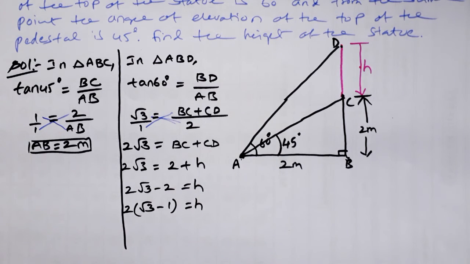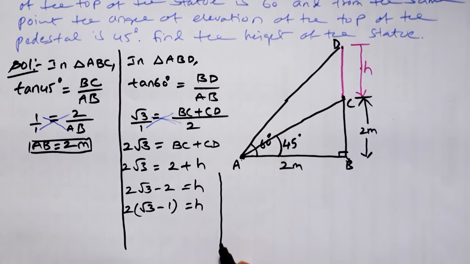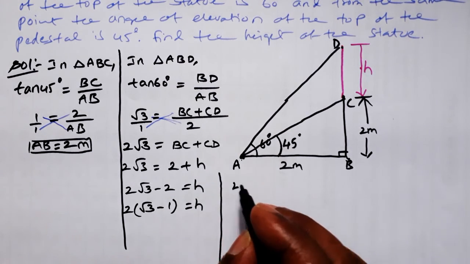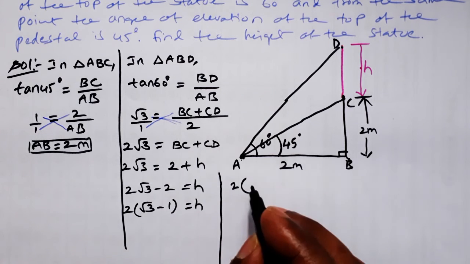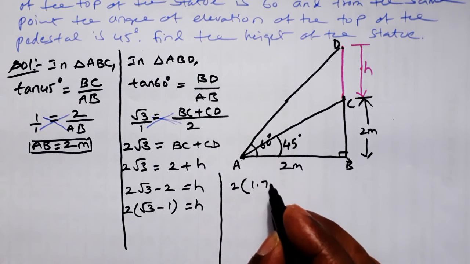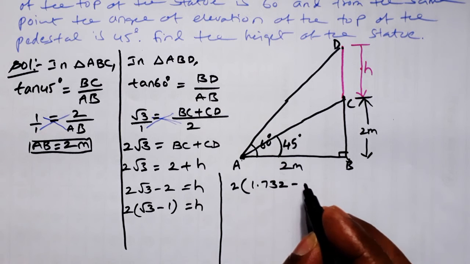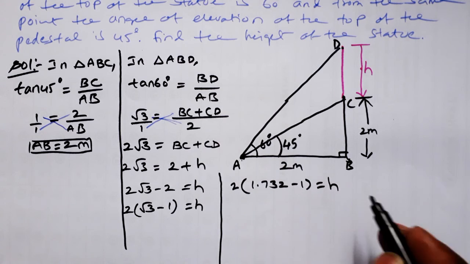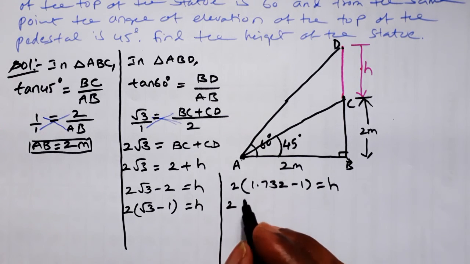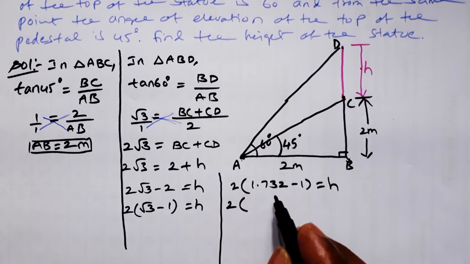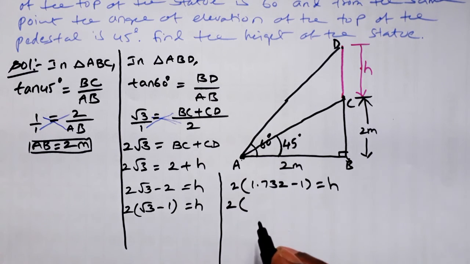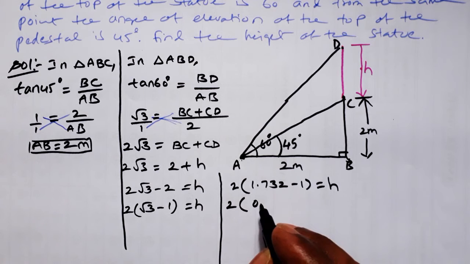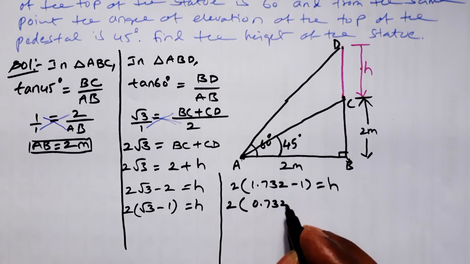Next, what we have to do? Root 3 is 1.732, so 2 into (1.732 minus 1) equals h. If you subtract, we will get 0.732.